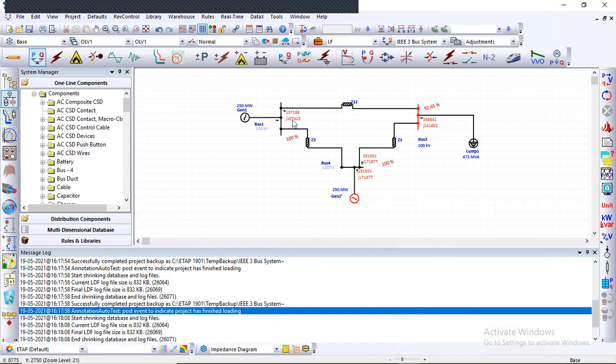These are the real and imaginary values which tell us the resistance and reactance, what is going on at this bus level. So we are more interested in finding the bus level resistance and reactance, and the combination of these two is the impedance of this bus.